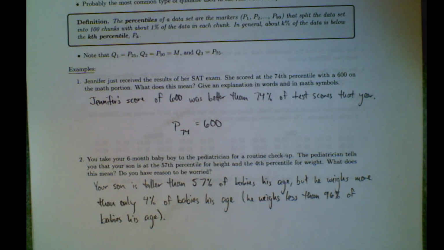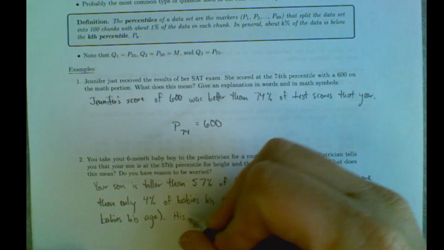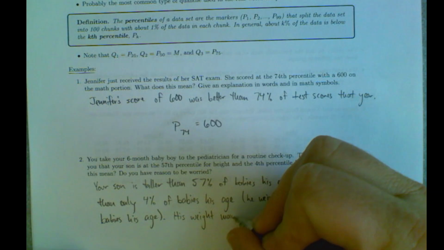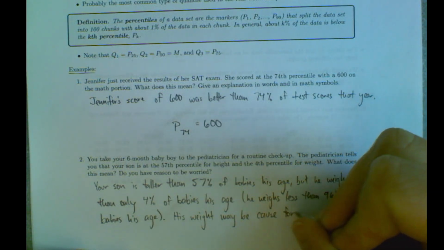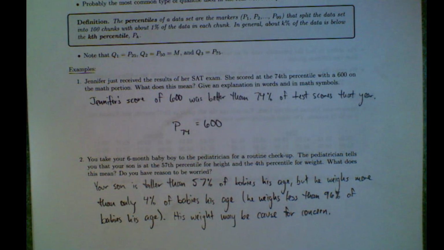And that might be a reason for concern. It means that he's on the smaller side for weight, and so maybe he has some kind of nutritional issues that need to be resolved. So his weight may be cause for concern. But his height is totally normal. So that's how percentiles work.